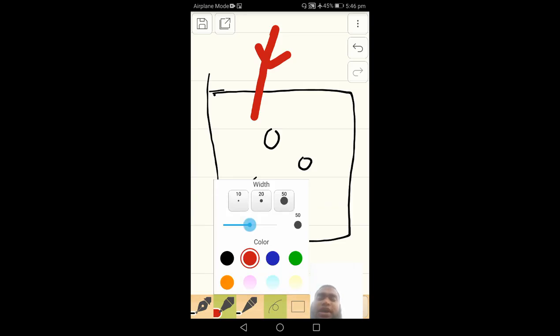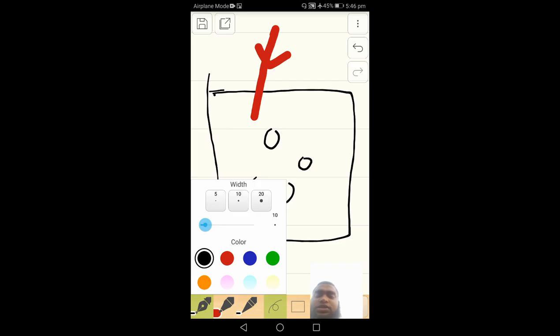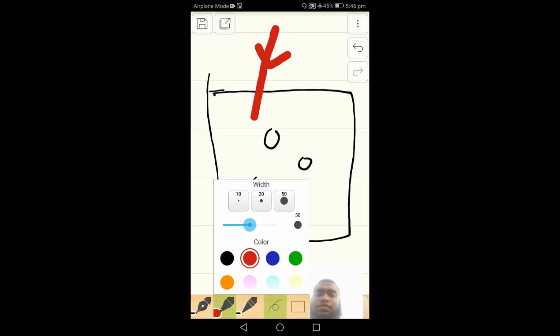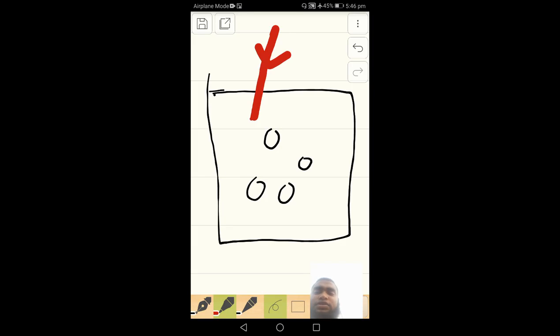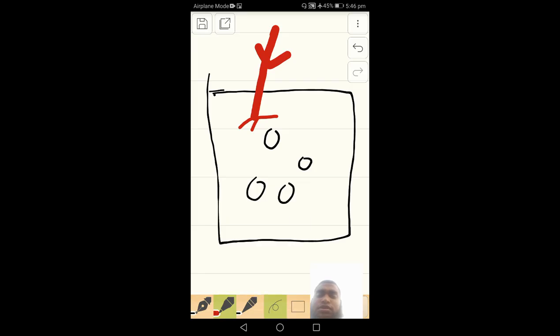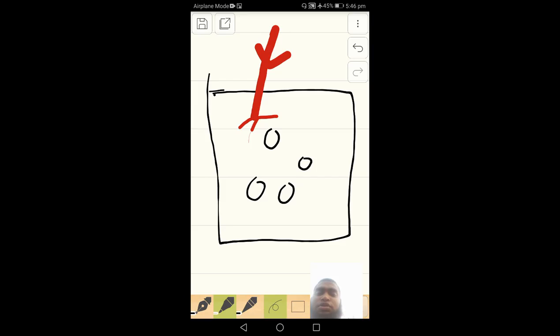Next, the artery divides into smaller arteries, which we call the arterioles. These arterioles further subdivide into even smaller vessels like this.